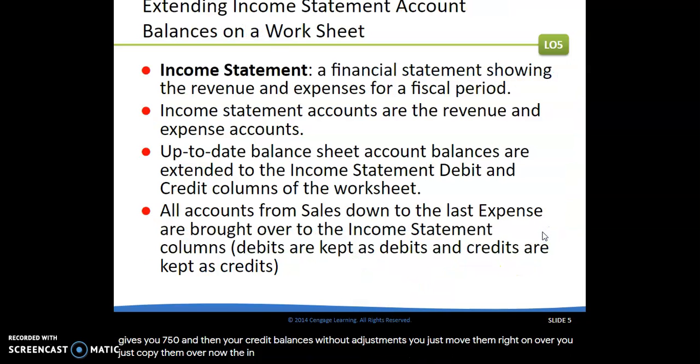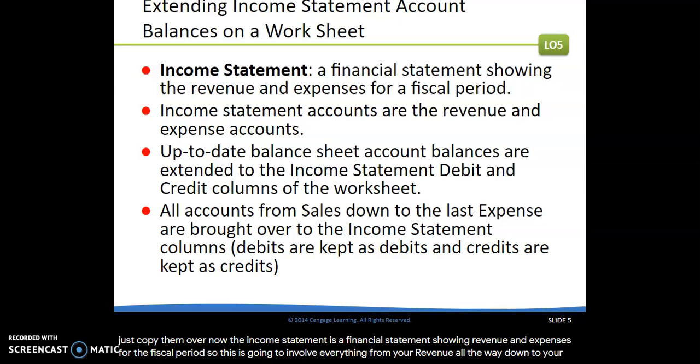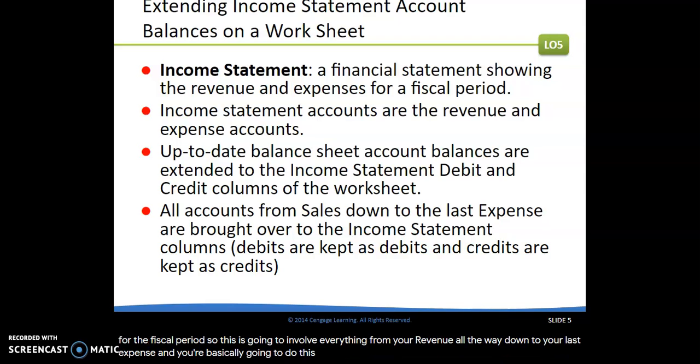Now the income statement is a financial statement showing revenue and expenses for the fiscal period. So this is going to involve everything from your revenue all the way down to your last expense. And you're basically going to do the same exact thing.